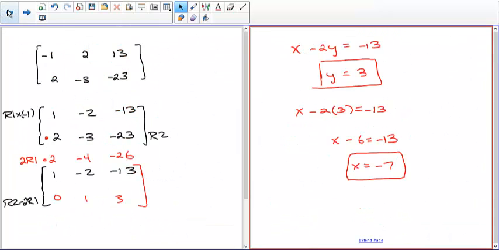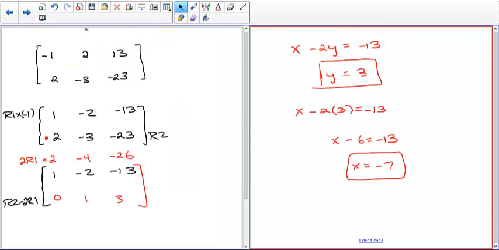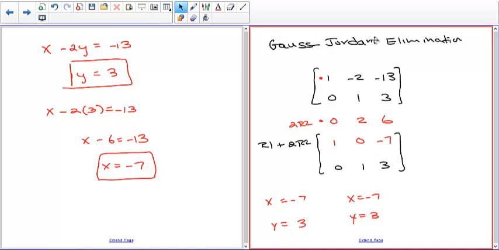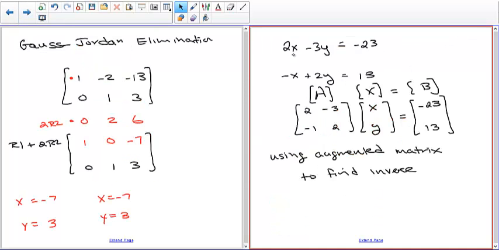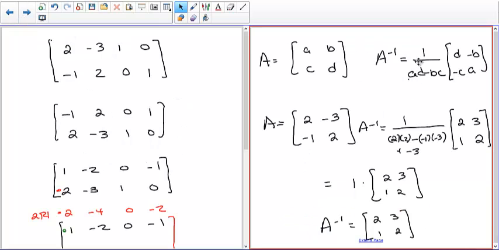So you've got solving systems of linear equations using Gaussian elimination with back substitution, then using Gauss-Jordan elimination. There's also solving systems of linear equations by putting them in coefficient matrix form, finding the inverse of the coefficient matrix using the augmented matrix approach and using the formula approach.